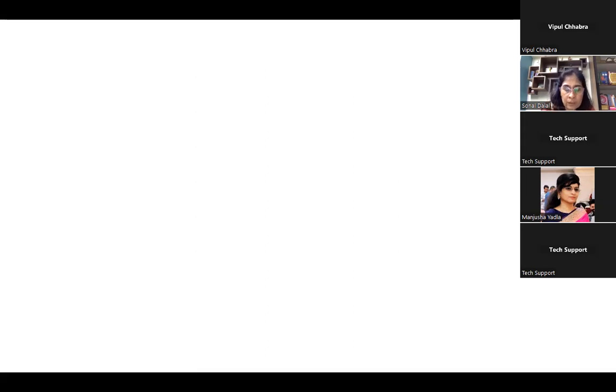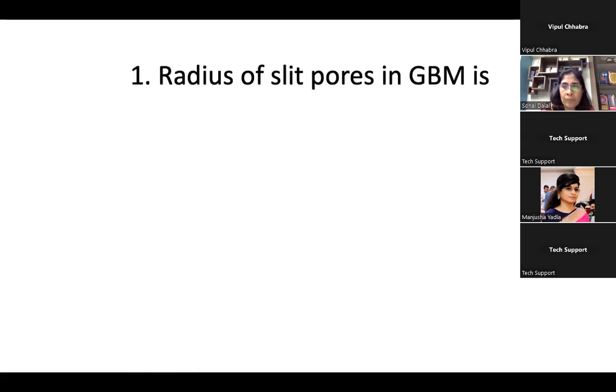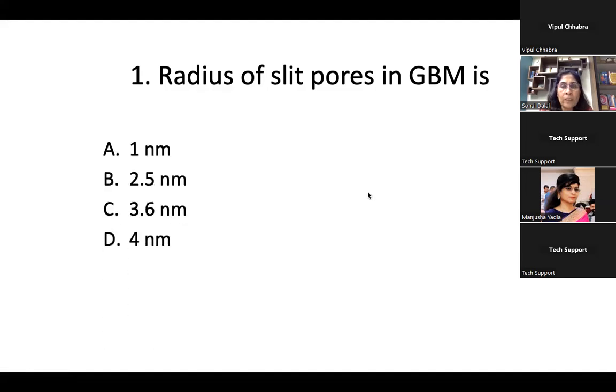The first question in the first round is: the radius of the split pores in the glomerular basement membrane is option A, 1 nanometer; option B, 2.5 nanometer; option C, 3.6 nanometer; and option D, 4 nanometer. Your time starts now.